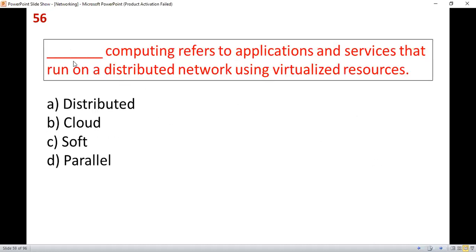The next question is: computing refers to applications and services that run on a distributed network using virtualized resources. So what will be the answer? Okay, anyone else?